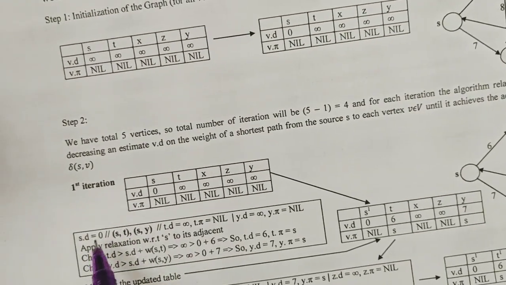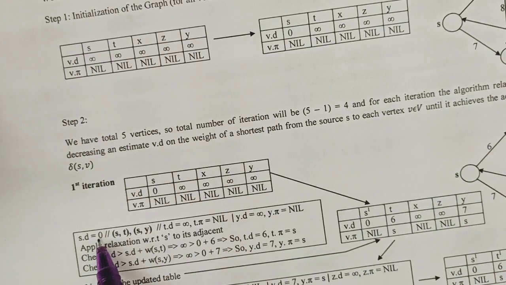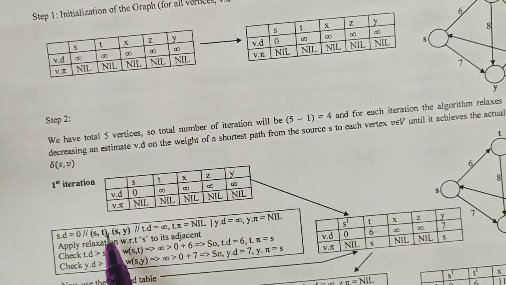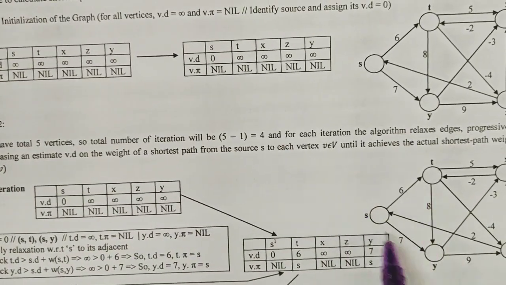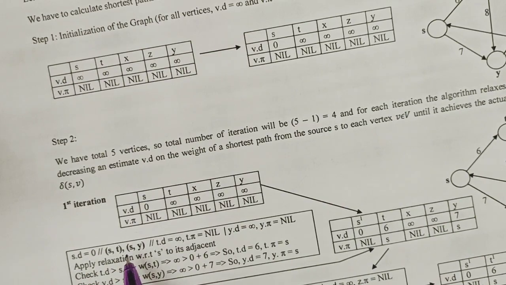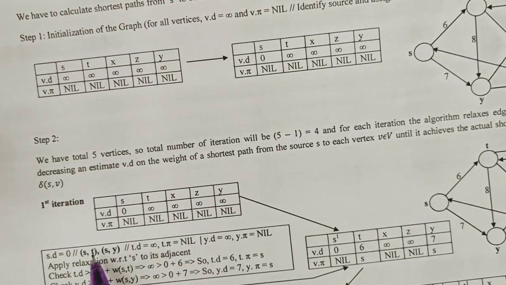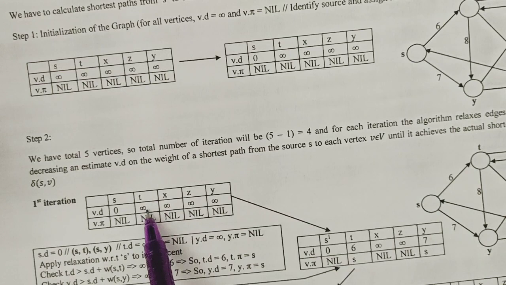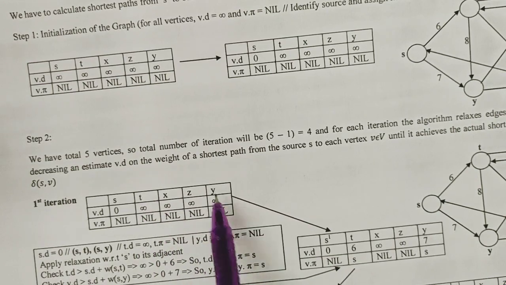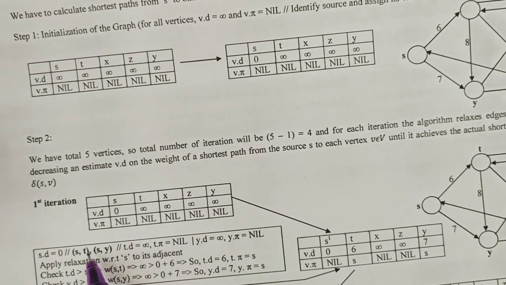So for s, the d parameter value is 0. What are the edges for s? s2t and s2y. What are the d parameter values of t and y? t dot d is infinity and y dot d is also infinity. What is their pi parameter value? T dot pi is nil and y dot pi is also nil.